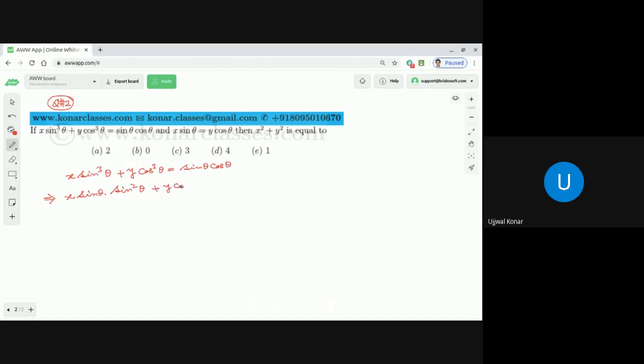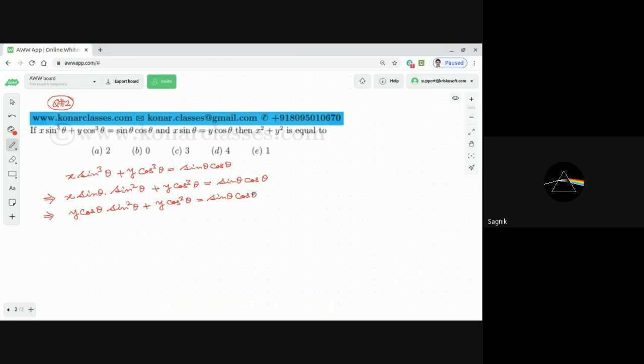Plus y cos cube theta is equal to sin theta cos theta. Now, according to the question, x sin theta is equal to y cos theta. So we can write y cos theta into sin square theta plus y cos cube theta is equal to sin theta cos theta.